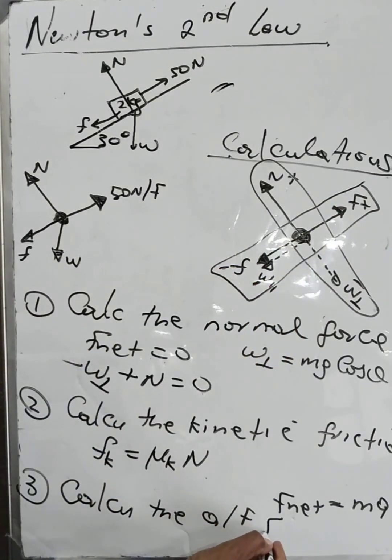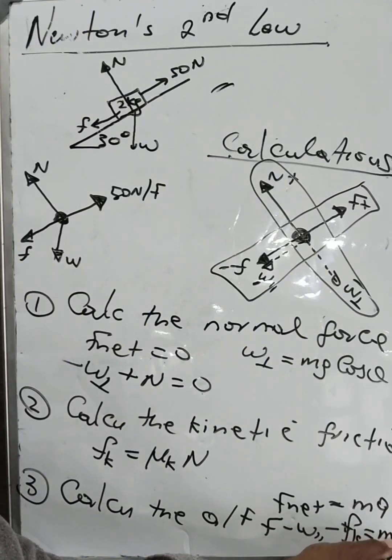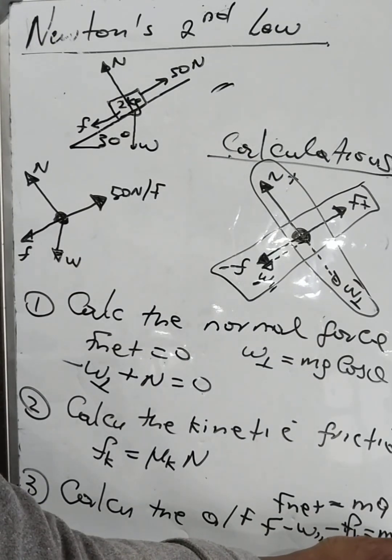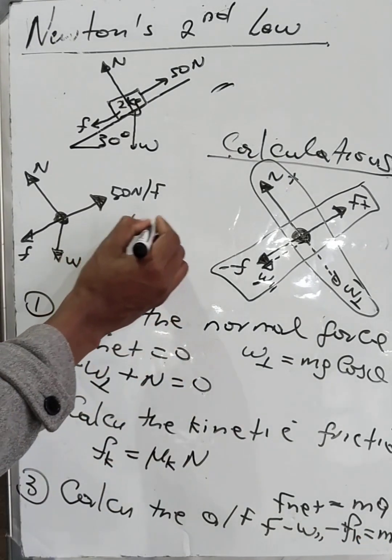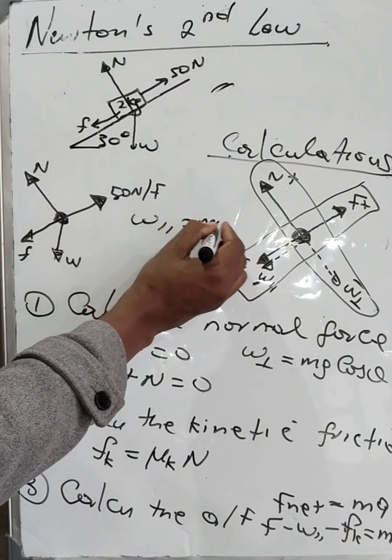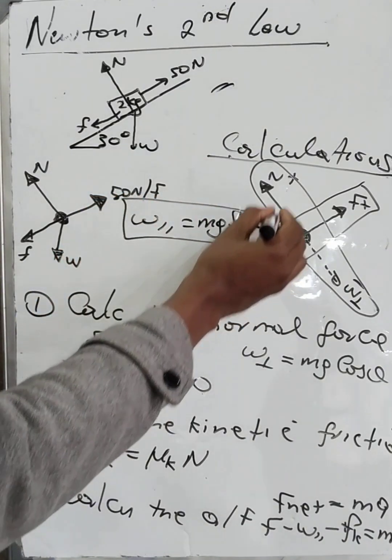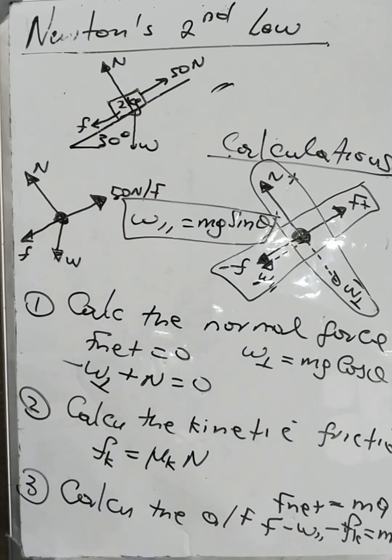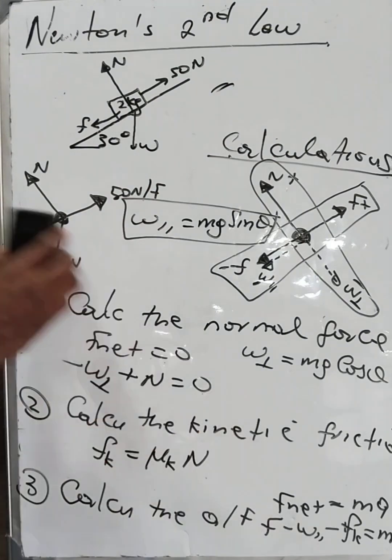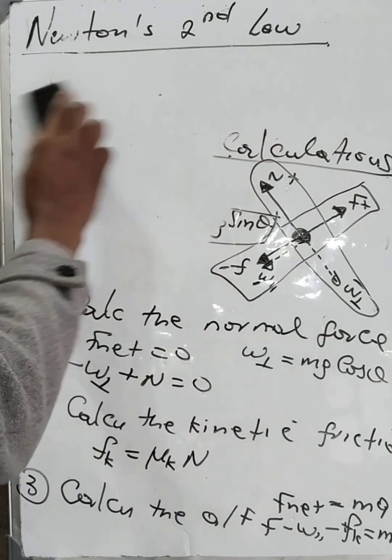So we have force applied positive, minus weight parallel, minus frictional force, kinetic friction, is equal to ma. The weight parallel is equal to mg sin theta. Then we're done.